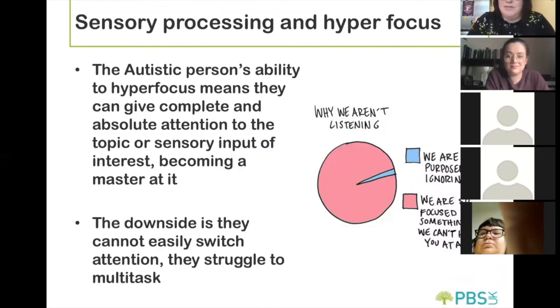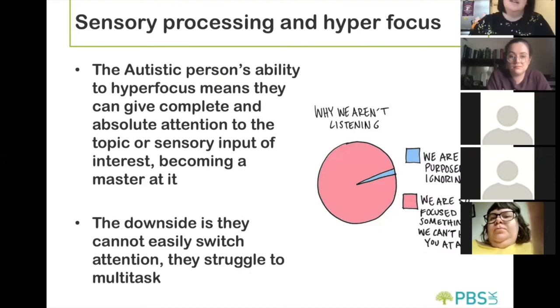And this ties in with the concept I was talking about around filtering and our ability to filter. This is what we call hyper focus. The autistic person's ability to hyper focus means that they can give complete and absolute attention to the topic or sensory input of interest. They might master it, in fact.